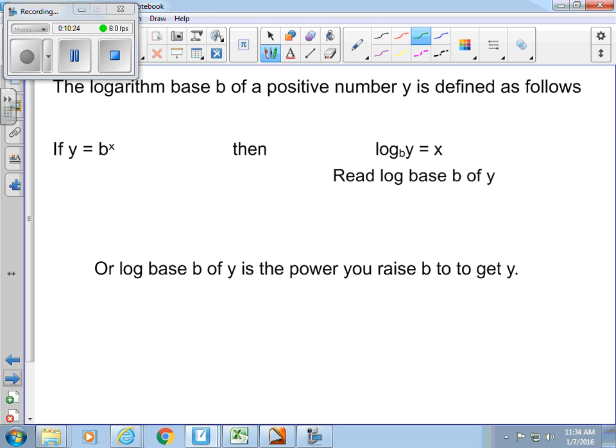You can hate it if you wish to never do it. But anytime you see a logarithm, you can rewrite it as an exponential by drawing a circle. b to the x equals y. Draw a little circle, b to the x equals y. That's how you convert a logarithm back to exponential format.